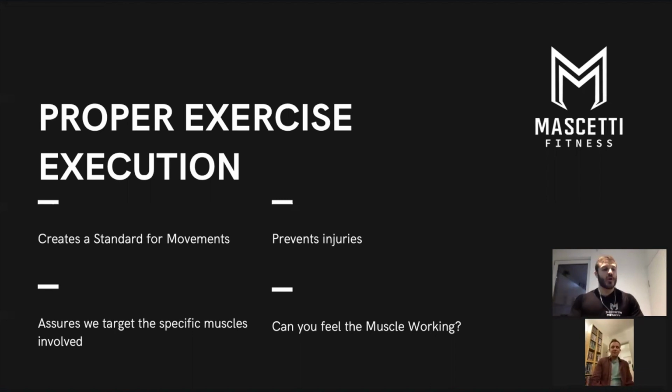So if you're not executing the exercise with the correct execution, obviously you don't create a standard. But if I know, okay, this is how I do the bench press, this is how I squat, the goal is to make every rep look the same, okay? This is pretty much the reason why we do this.